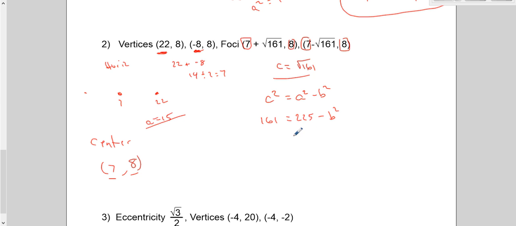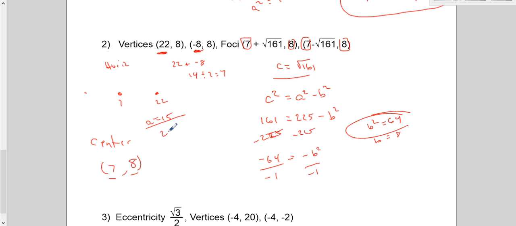We subtract the 225, and that's going to give us negative b squared equals negative 64. Then you divide by negative 1, and you get b squared equals 64, which means b equals 8, which actually we don't need. All we need is b squared.